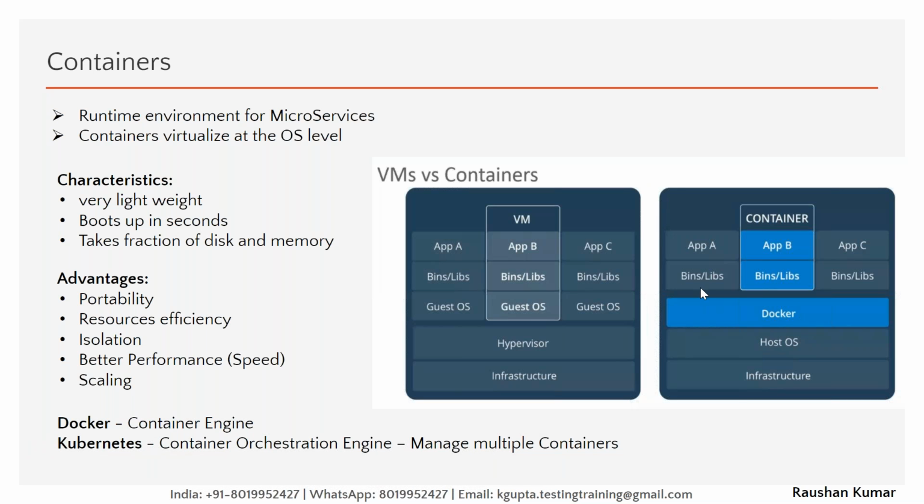Now you can notice I can deploy my application server here, my web server in container B, and my database in container C. I don't have dedicated operating systems here. I use the binaries and libraries of the host operating system in the form of containers, and that is why I don't need more space to deploy my application components.